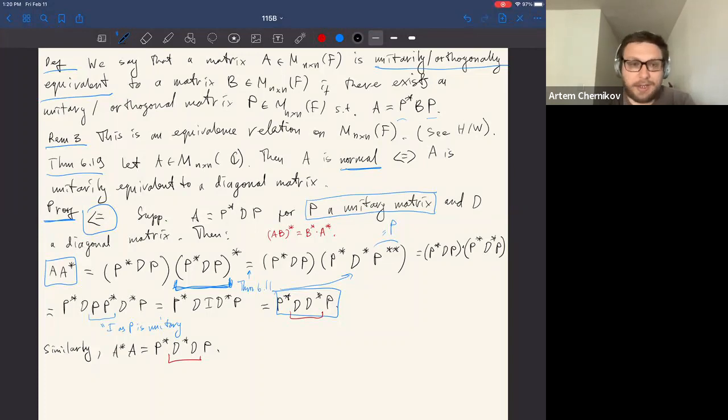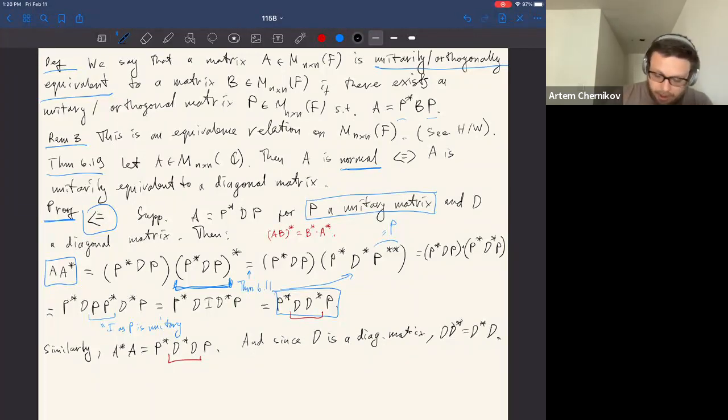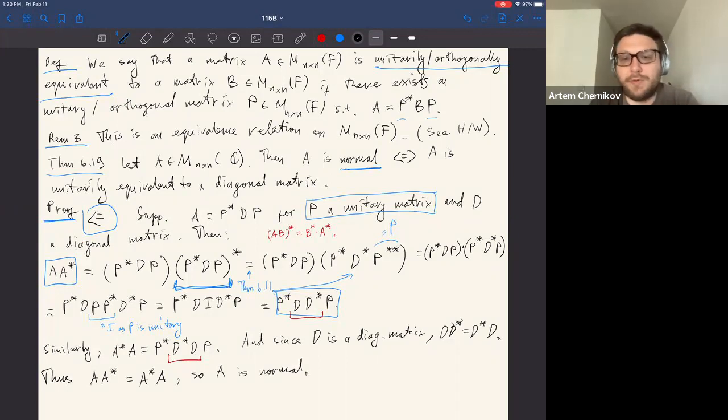But remember that D is a diagonal matrix, so this order doesn't matter. D times D star is equal to D star times D for a diagonal matrix. And so we conclude that the two products are equal: A times A star is equal to A star times A. This means exactly that A is normal, by definition of normality of a matrix.